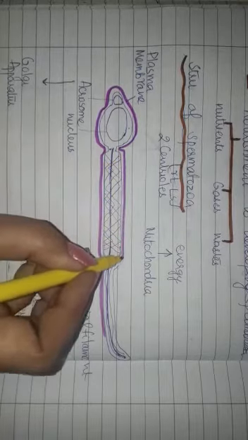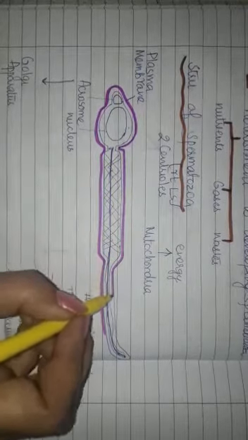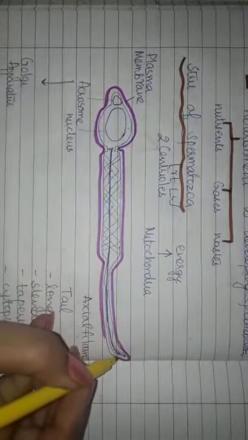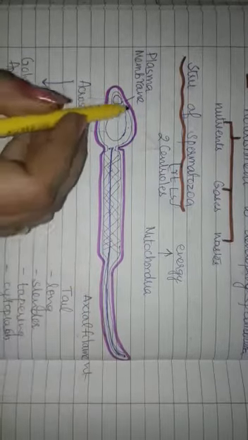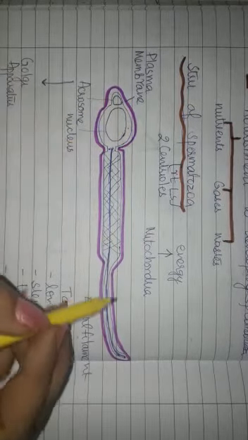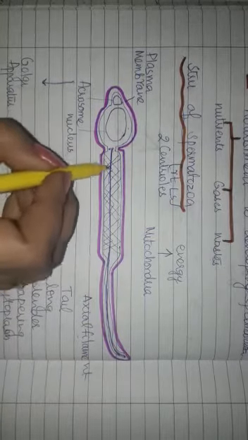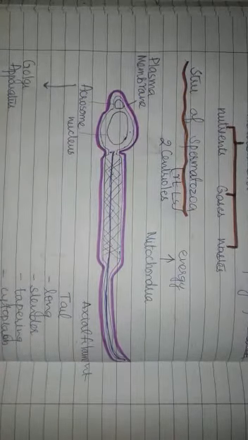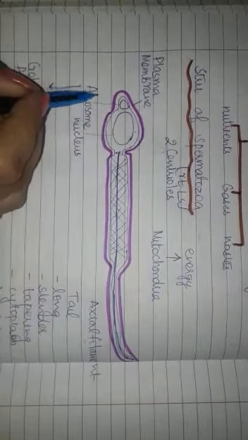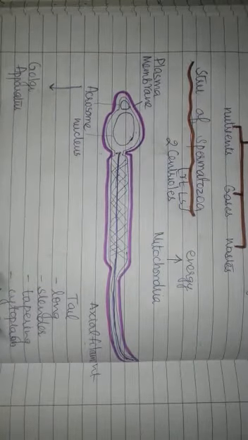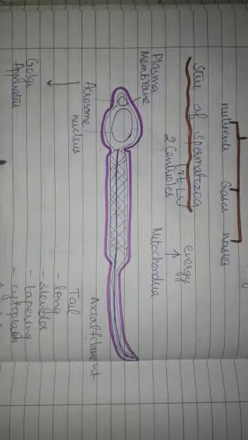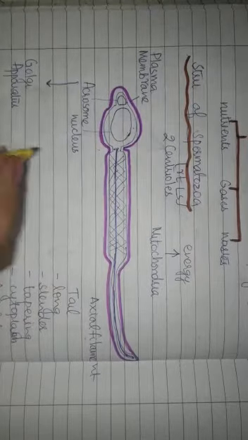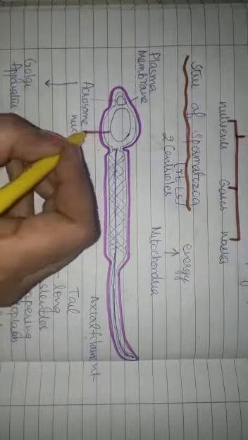The first part is the head, second the tail. This is the head, this is the tail, this is the neck region and the middle piece. The head is oval in shape.